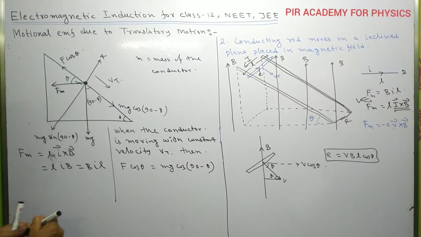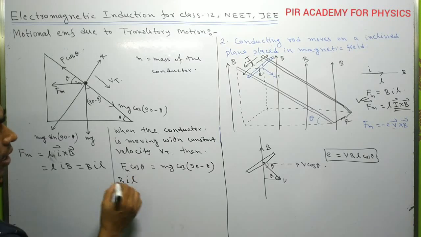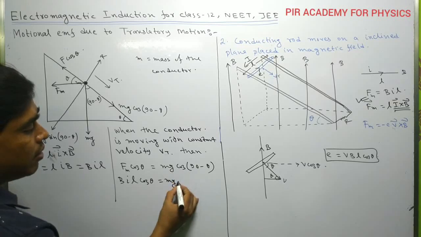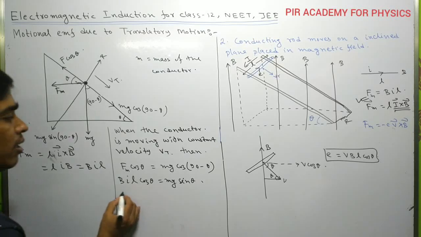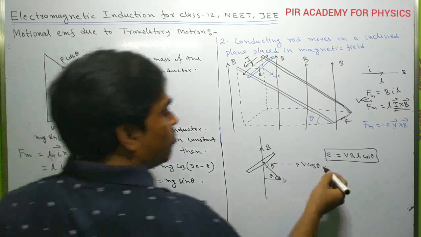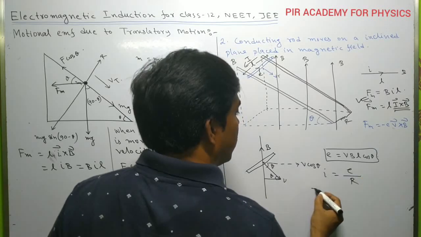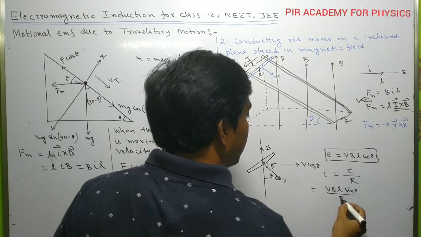If F m is B i L, then B i L cos theta equals mg sin theta. Here you have to put the induced EMF and induced current: I equals E by R, that means V B L sin theta divided by R.